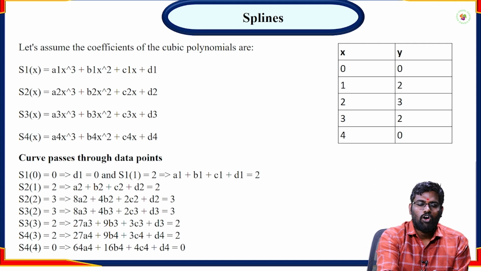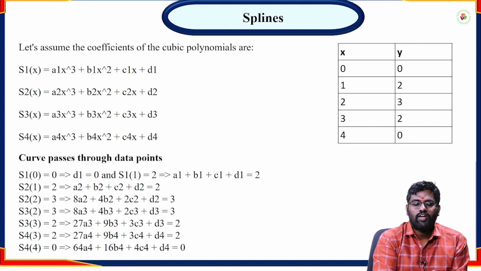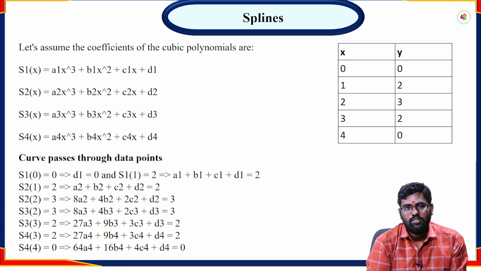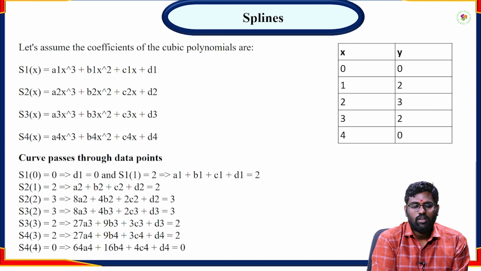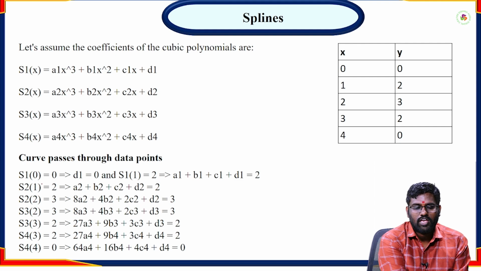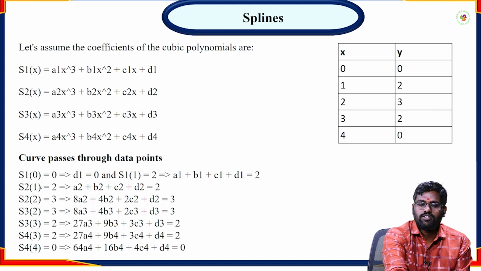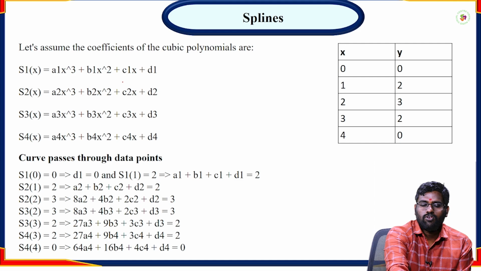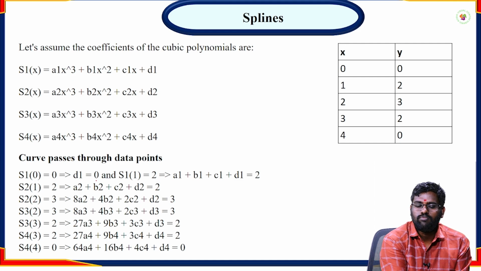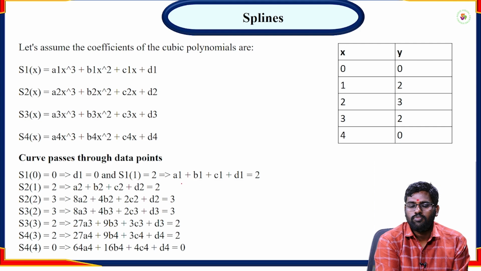Next, after taking all these values, we take some derivatives. For example, if our x1 value is 0 in this case, x power 0, all these x values are 0, so finally that value will be 0. Next, the second condition: a1, b1, c1.